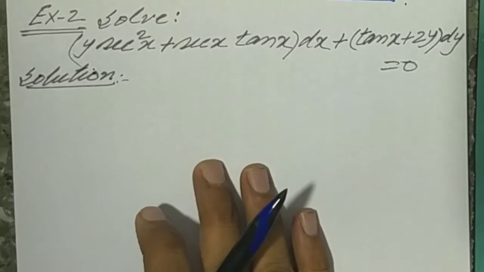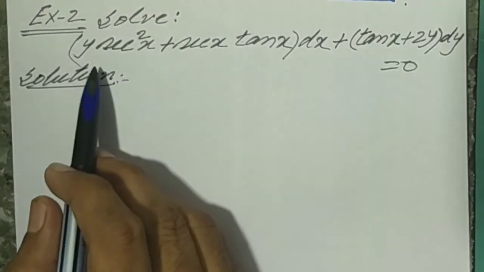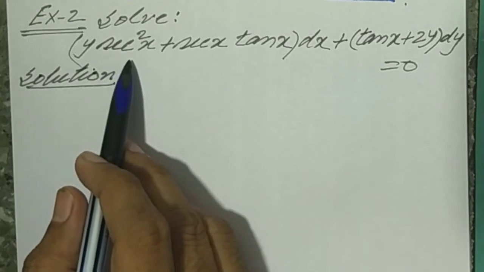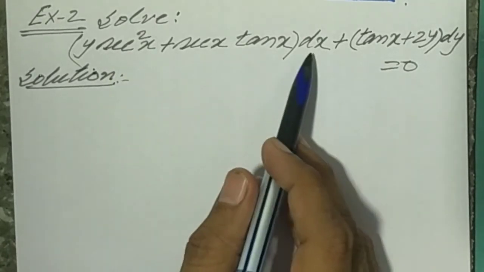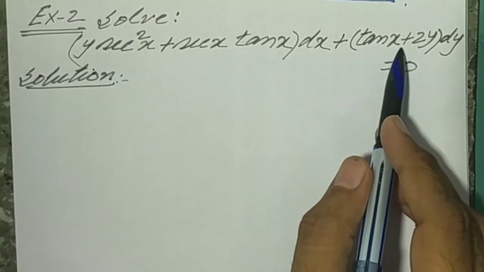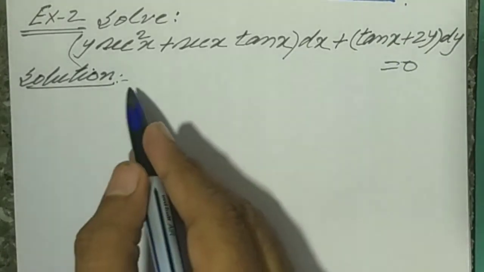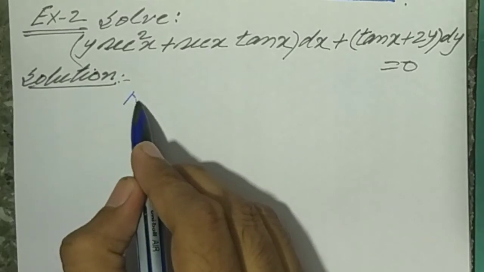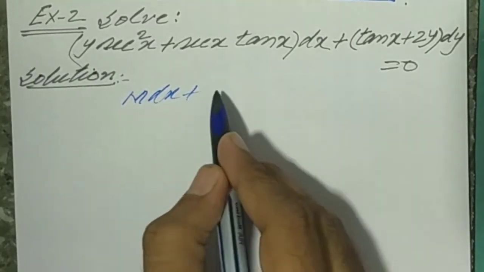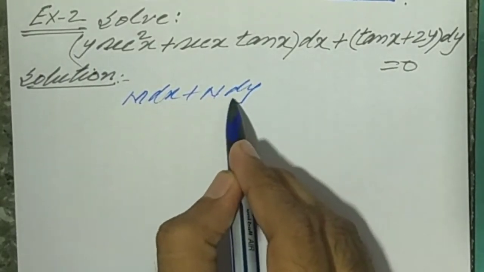Let us take second example, and that is solve (y sec square x plus sec x tan x) dx plus (tan x plus 2y) dy is equal to 0. So obviously this is the form M dx plus N dy is equal to 0.